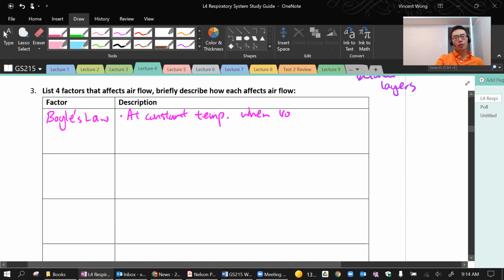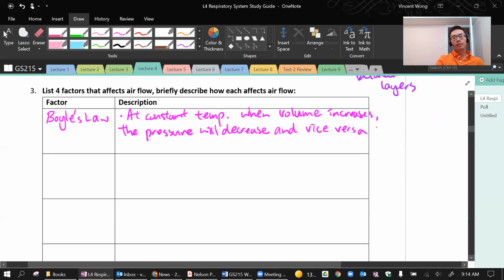when volume increases, the pressure will decrease. And vice versa. That means when volume goes down, then pressure is going to go up. So this is Boyle's Law.